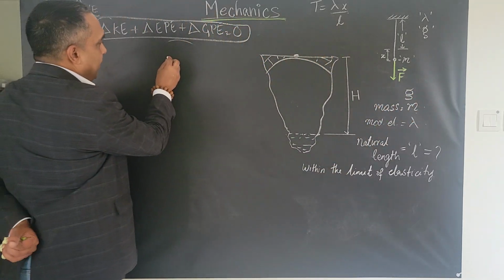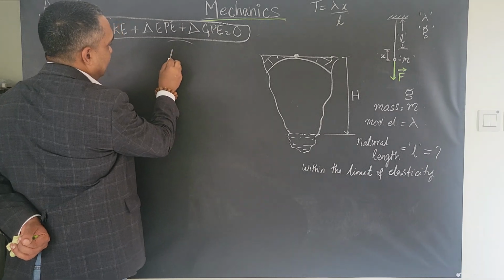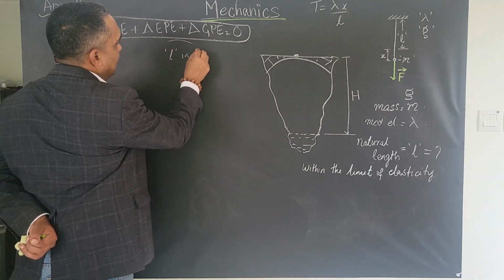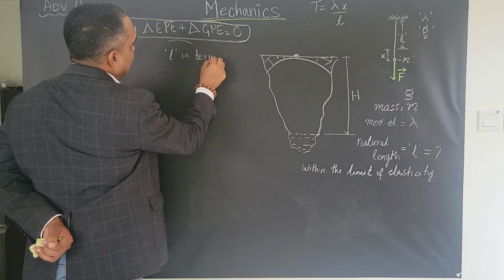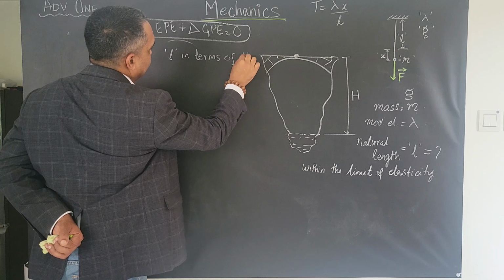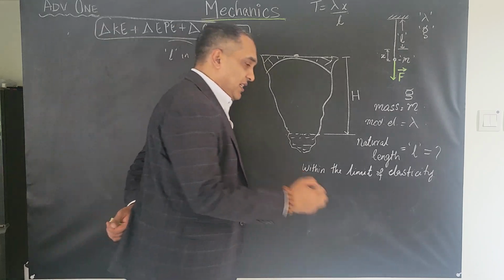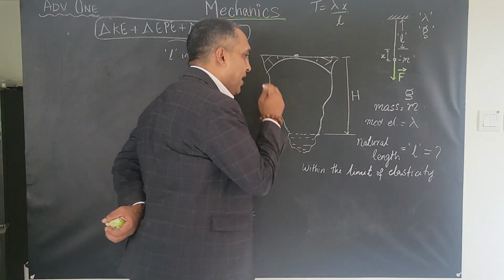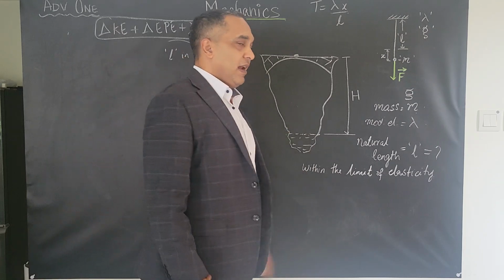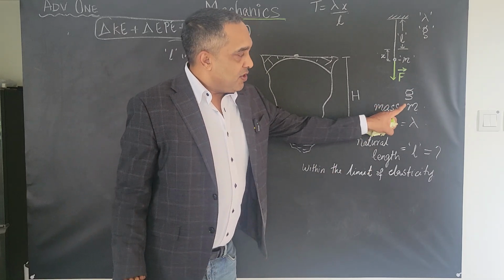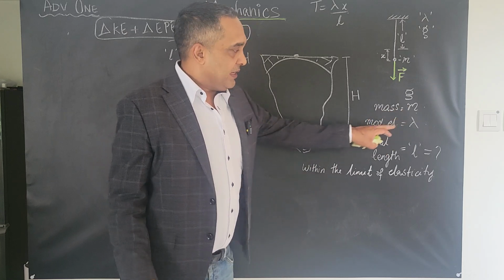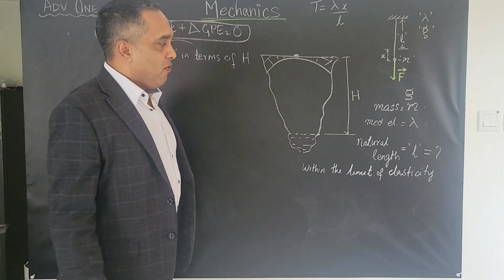How do you write L in terms of H? So you can tell your friend that, hey, if you are H meters above the ground, to support a person of mass m on a material of modulus of elasticity lambda, what will your L be?